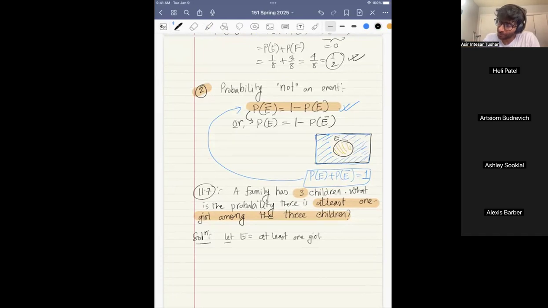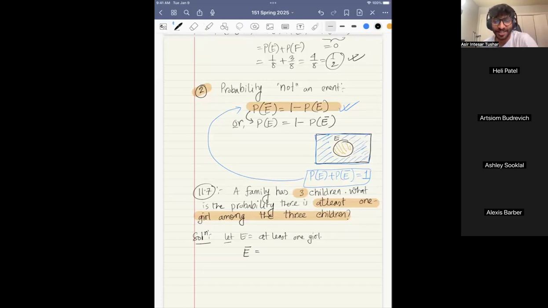Then what should be the E complement? Any idea? If event E is having at least one girl, then what should be the complement of it? Would it be no girls?